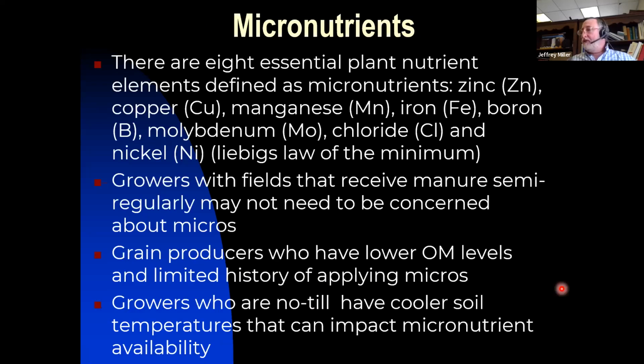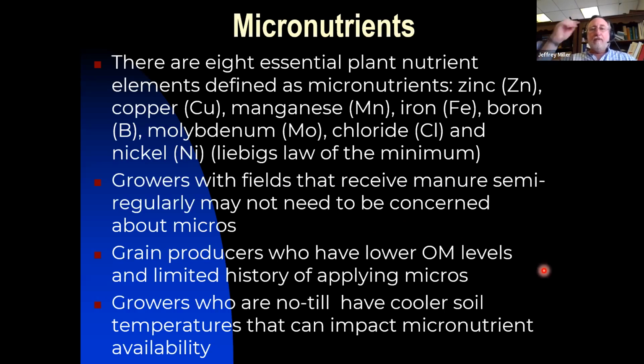Moving on to micronutrients, there are 8 essential plant nutrient elements considered to be micronutrients: zinc, copper, manganese, iron, boron, molybdenum, chloride, and nickel. And very similar to the macro elements, if they're in a supply that's lower than what the need of the plants are, it's going to affect crop yields. Again, growers with fields that receive manure semi-regularly probably don't have to worry about micros.